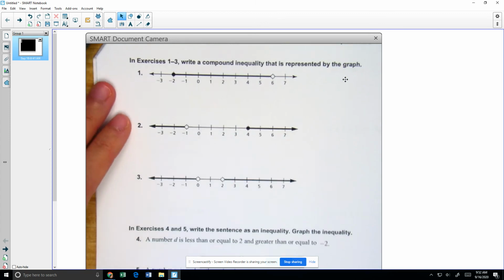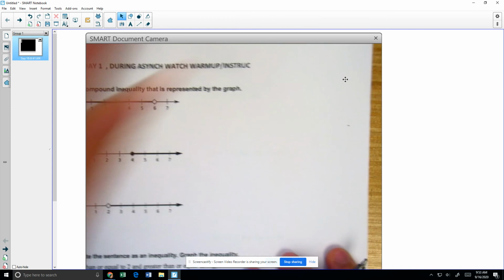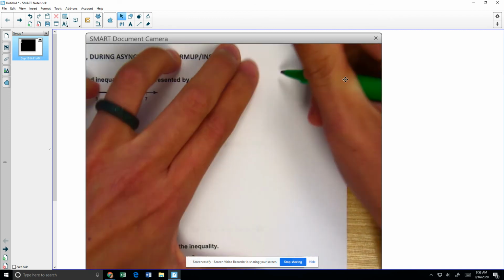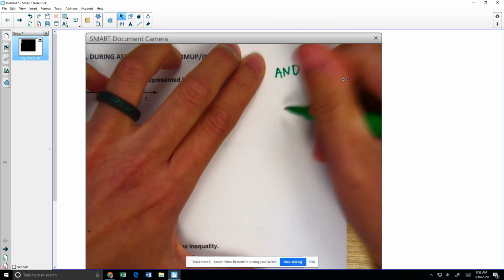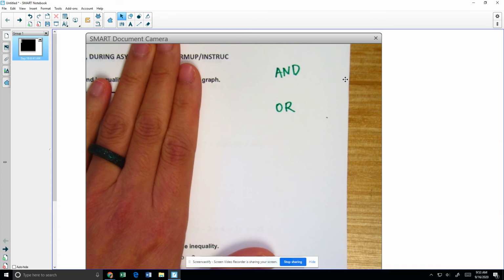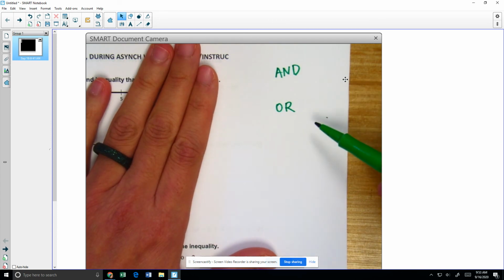So when we have compound inequalities, we have two types of statements, okay? This is the most important thing you need to know, all right? You have an and statement and you have an or statement. Those are the only two types of compound inequalities you have. They are either ands or ors, okay?